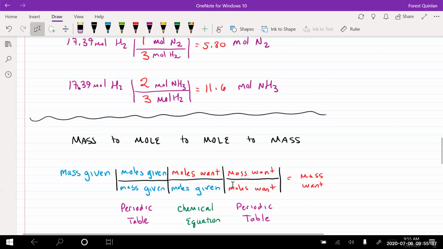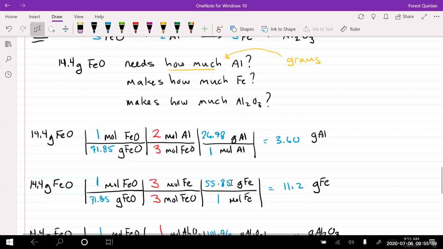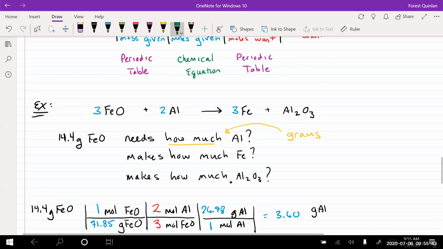So if you're clever enough and you can see one of these ratios that will allow you to do that, go with your bad self, or you can remember good old conservation of mass, right? If I had 14.4 grams of FeO and 3.60 grams of aluminum, that's 18 grams on the left, which means I better have 18 grams on the right, conservation of mass.